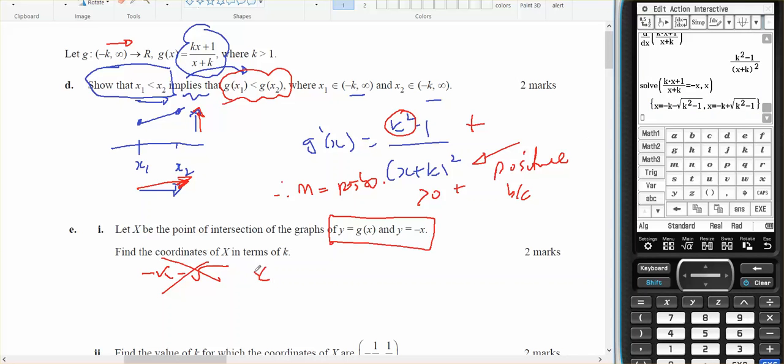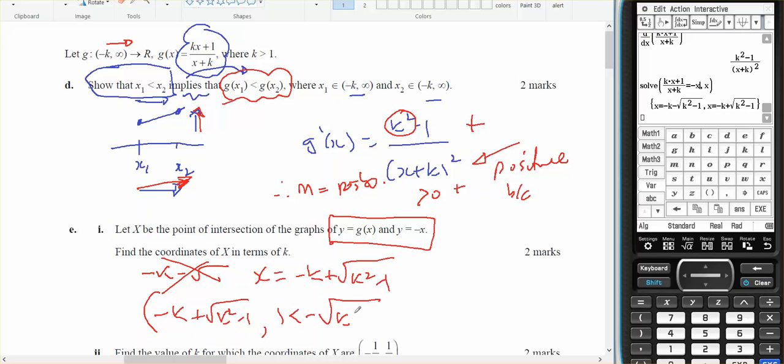So x equals minus k plus the square root of k squared minus 1. So the coordinates will be minus k plus the square root of k squared minus 1, and if I put this into minus x, the y value will be k minus the square root of k squared minus 1, because y will be negative x.